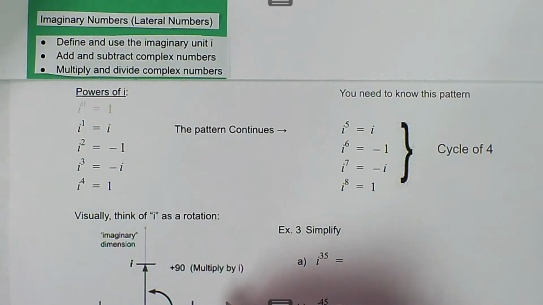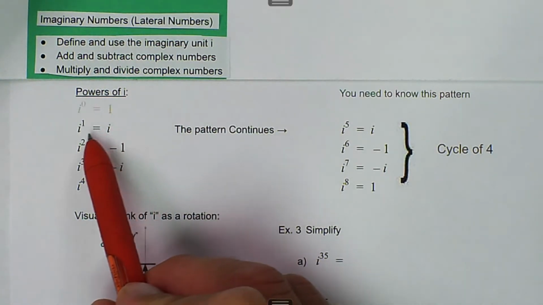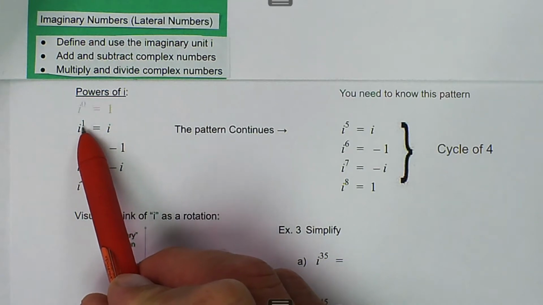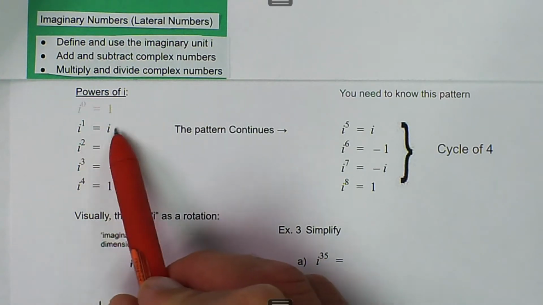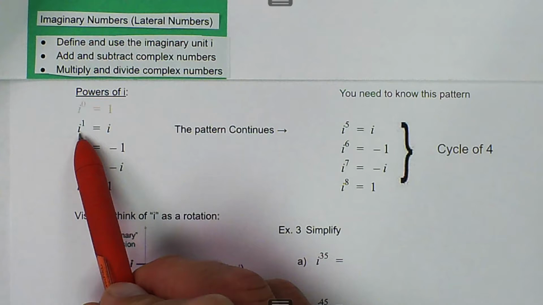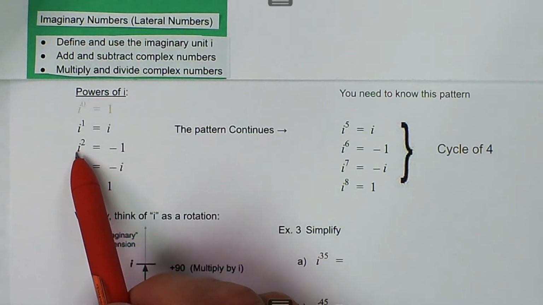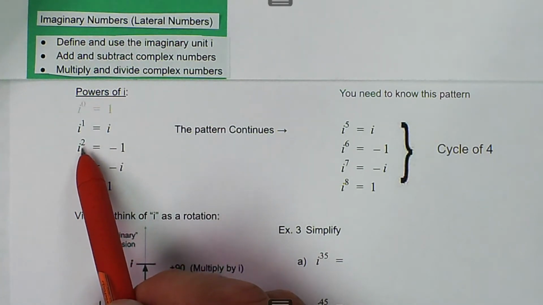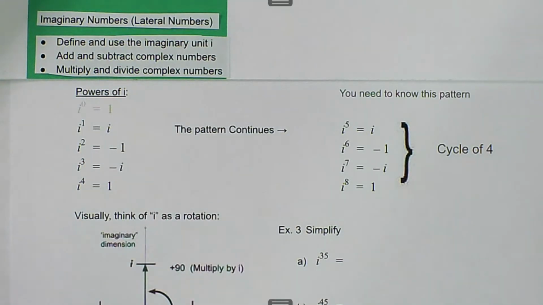So right here, I'll take a look at this graph in a minute. The next thing we know, i to the first power, anything to the first power is itself. So i to the first power is i. i squared, otherwise known as i times i, is -1.